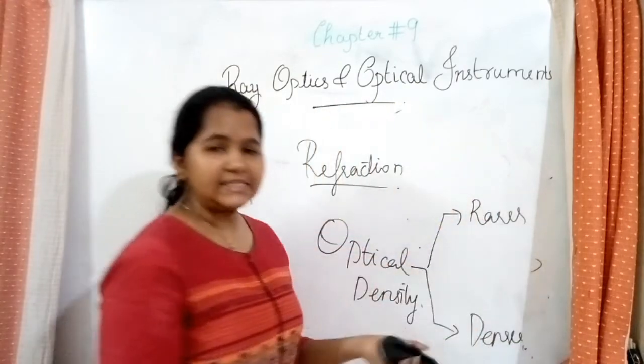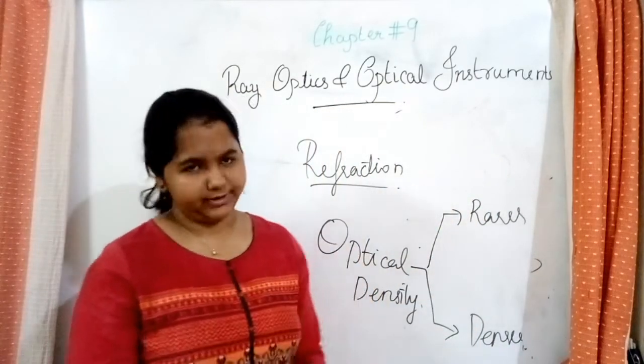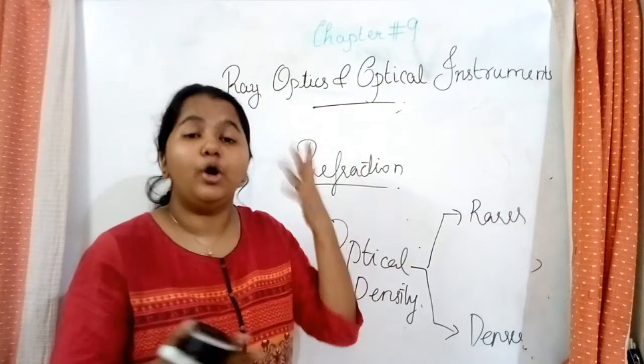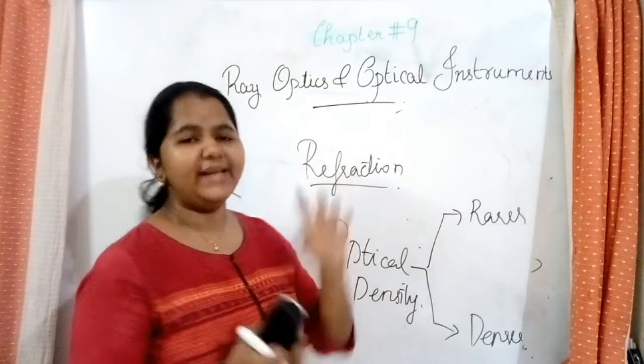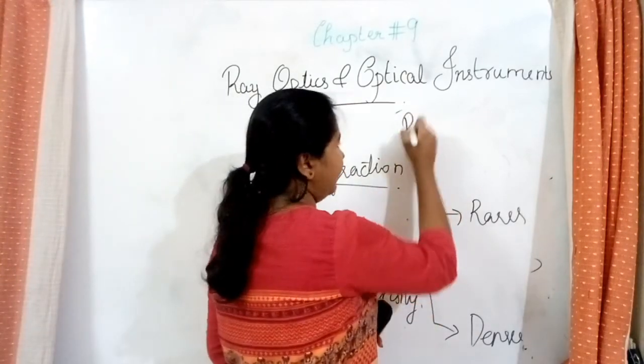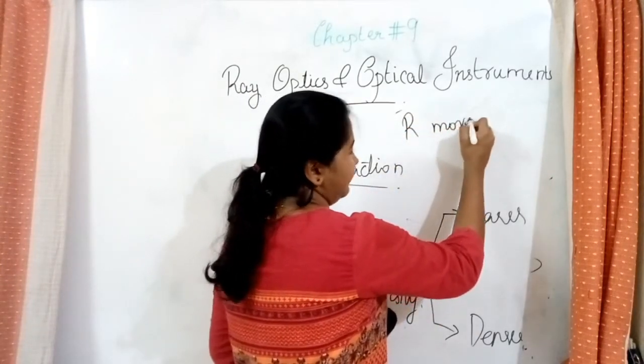Rarer means optically less dense, and denser means it has more optical density.